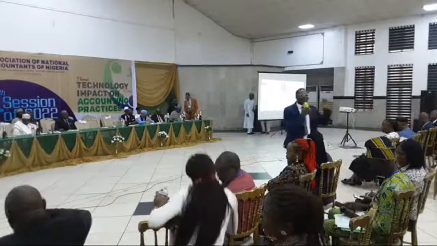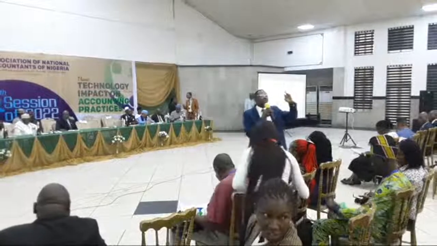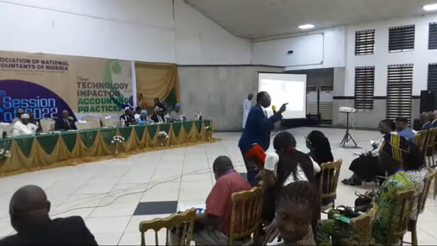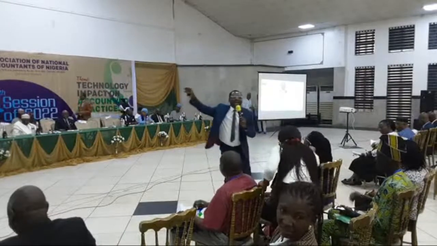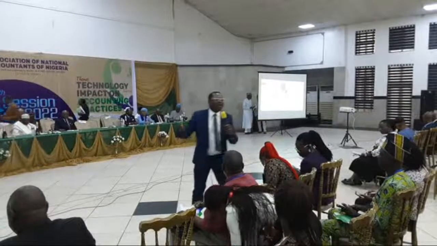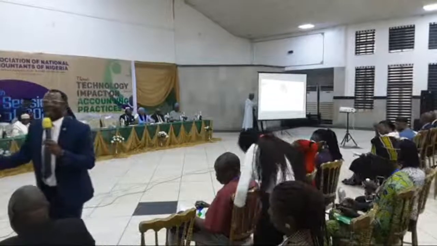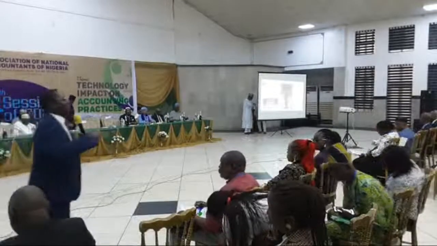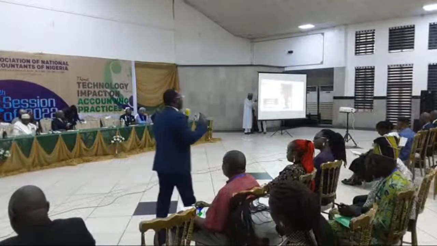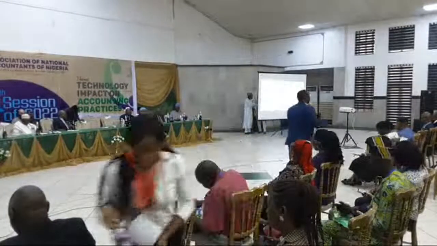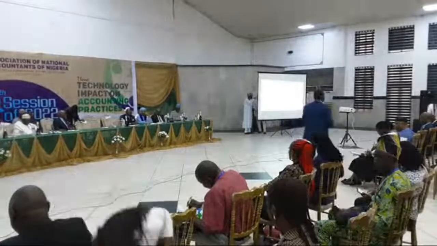So I said that those in the computing environment, meaning computer science and the likes, when they want to tell you about data, will say data are raw facts that need to be processed. When you process data, you get the outcome called information.